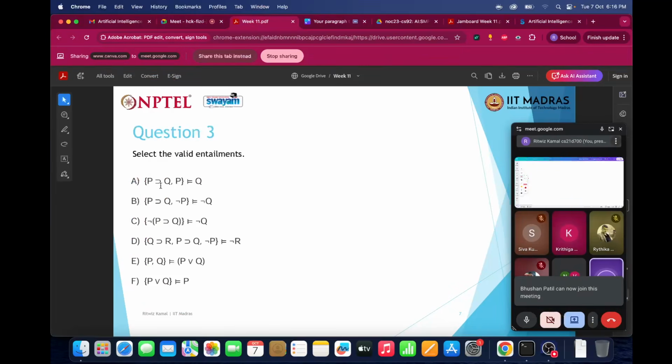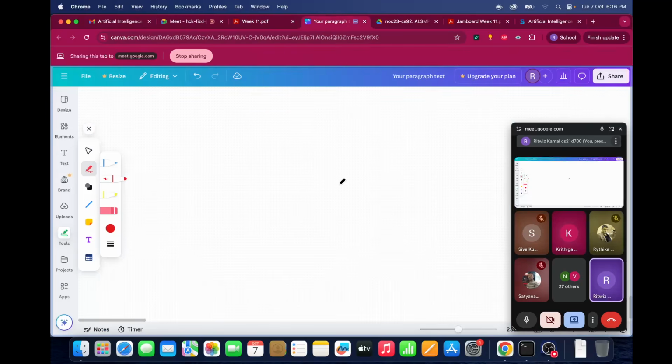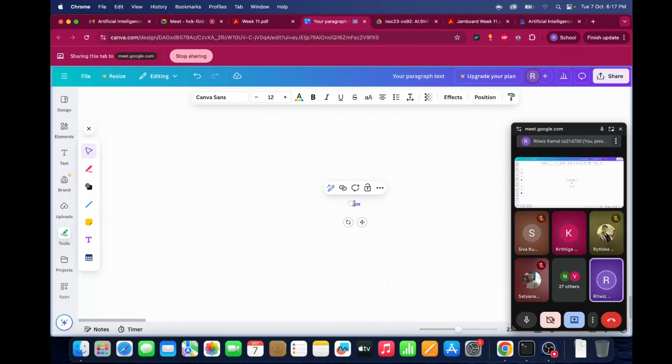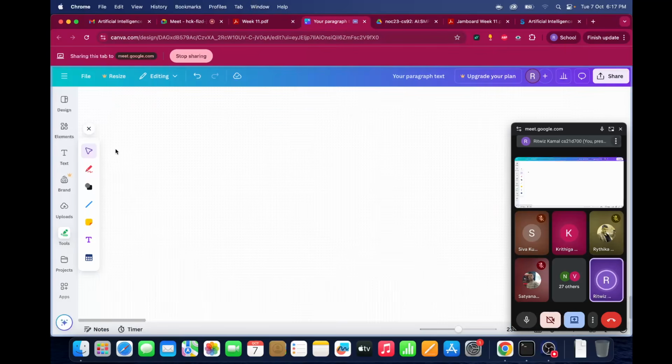Okay, so the first one given to us, let me just write it down. It says P implies Q is a fact in the knowledge base. So this is number one.